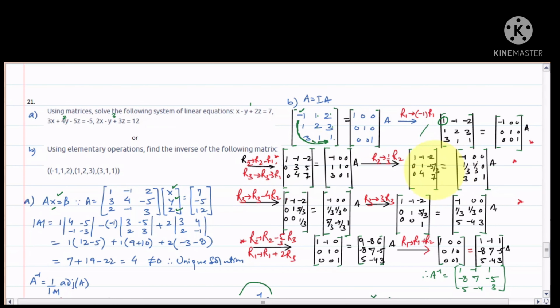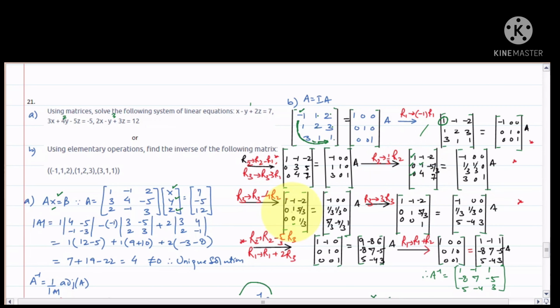Now I'll try to make a 0 over here. I'll try to make a 0 over here. So we have gone for manipulation also. R2 is equal to 1/3 of R2. Now you can see R2, because it was 3 over here, I'll try to make it 1, so it has been made 1. So that means I have got these elements settled.